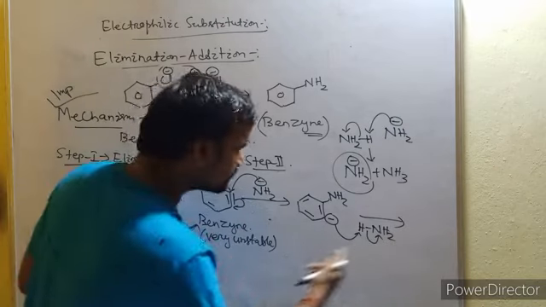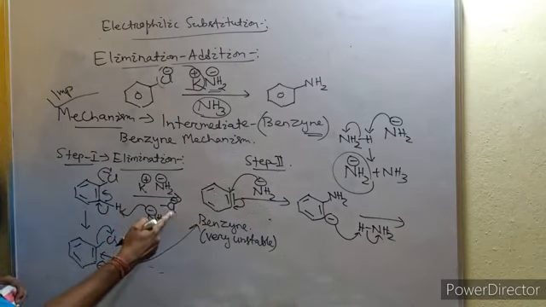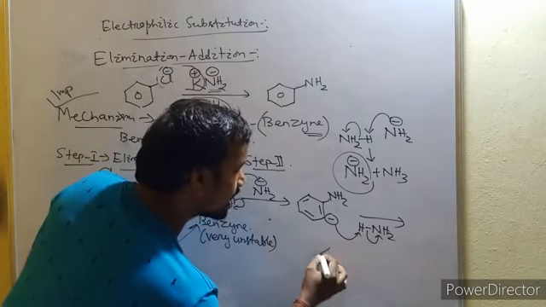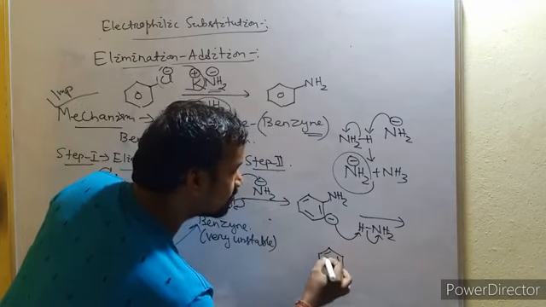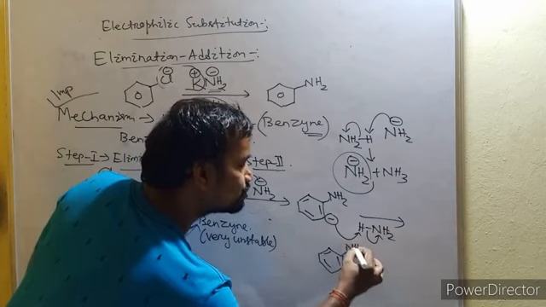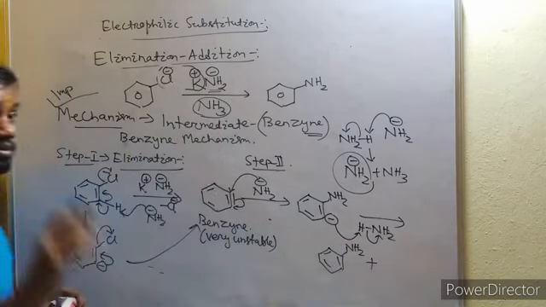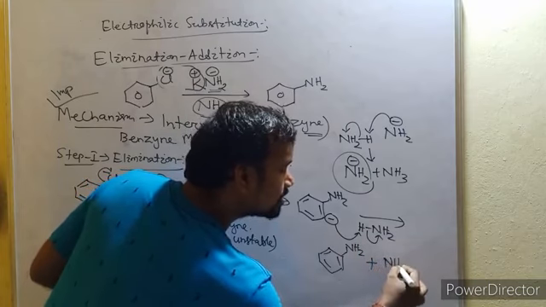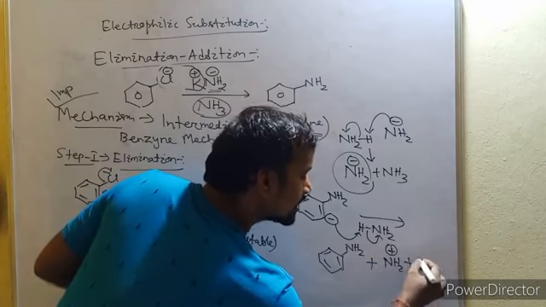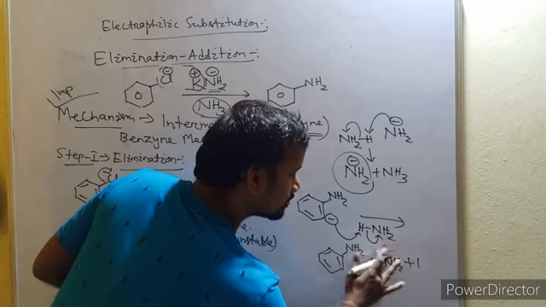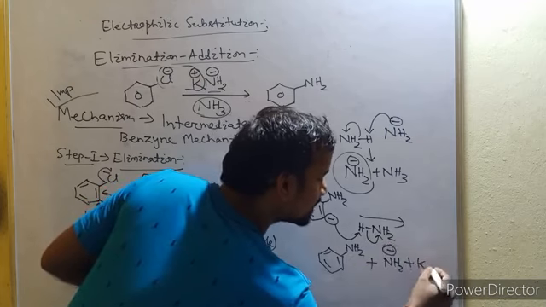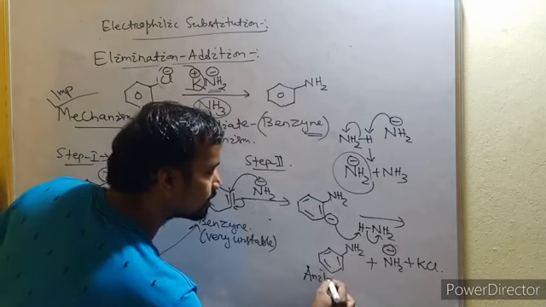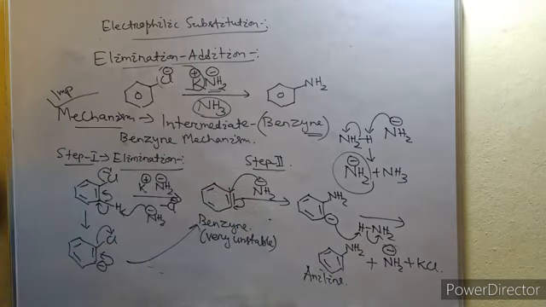And your K plus will be removed as KCl. So the products are this NH2 compound, plus NH2 minus and KCl. This is your aniline. This is the benzyne mechanism.